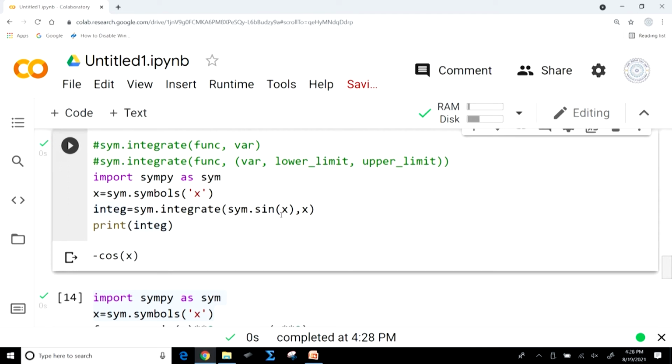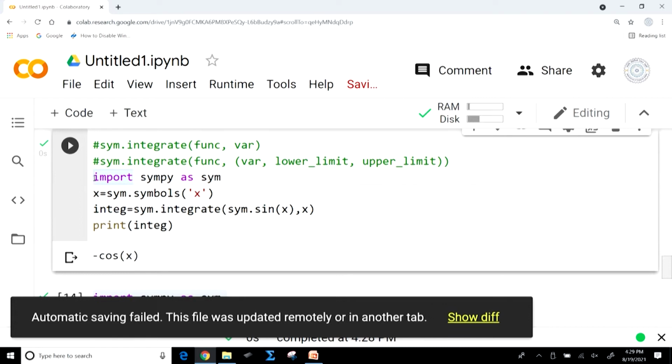In the same way you can define your own function here, and then you can call that function and integrate with respect to x. Now, suppose you want to integrate a function and the limits are known to you. How can you do that? I am copying it over here.